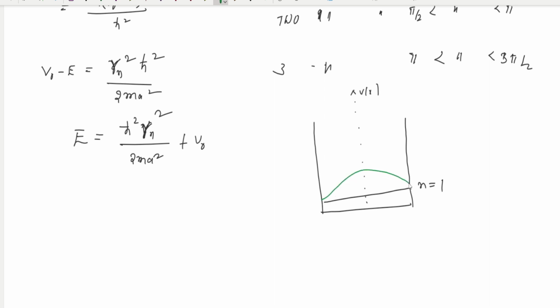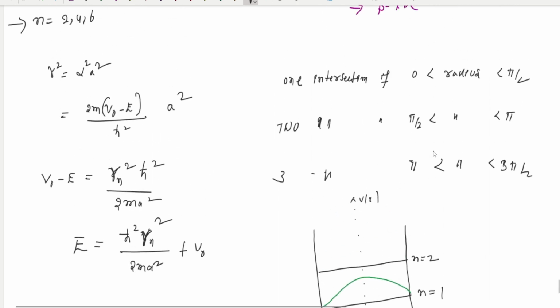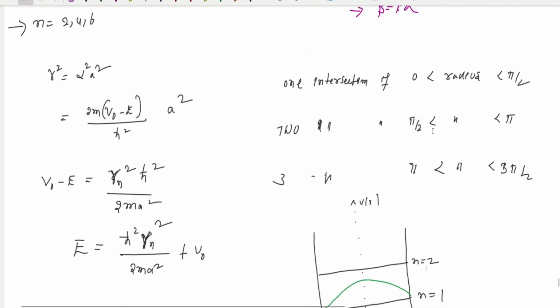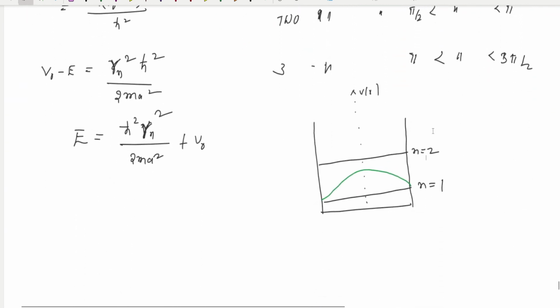You can understand this one like this. Next, n equal to 2. N equal to 2 from this graph: one symmetric, one anti-symmetric function is there. So we need to draw one symmetric, one anti-symmetric function.